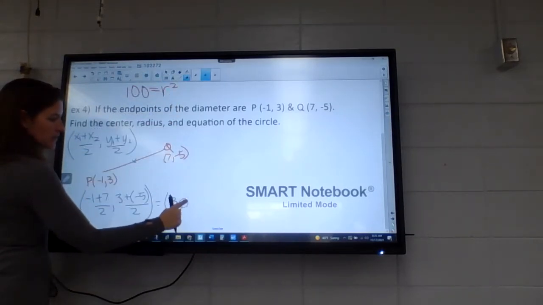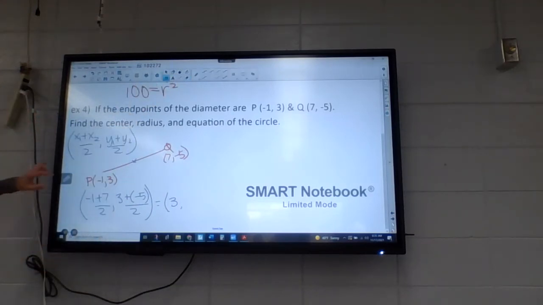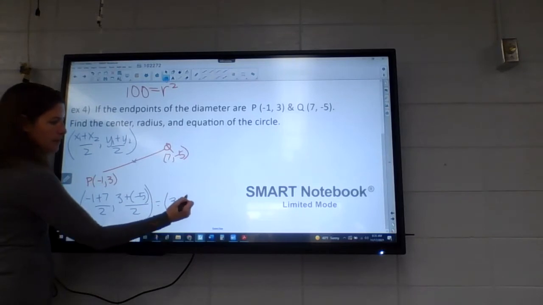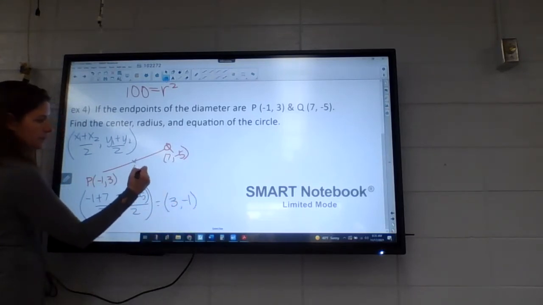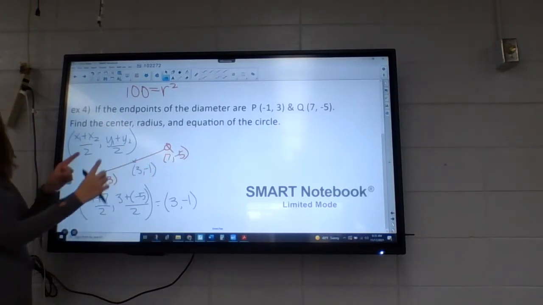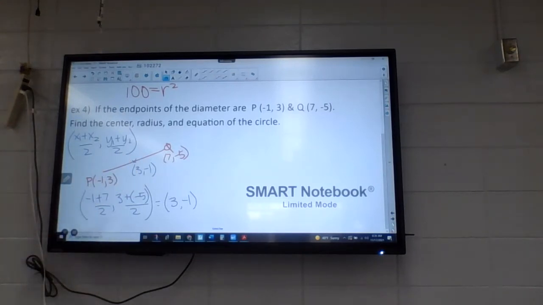I was going to look at my coordinates and I'm like, I don't think that sounds right. So it's 3 plus a negative 5, so that'll be a negative 2 divided by 2, so negative 1. And you should go back and look: between 7 and negative 1, the halfway point is 3, and between 3 and negative 5, the halfway point is negative 1. So we found the center.